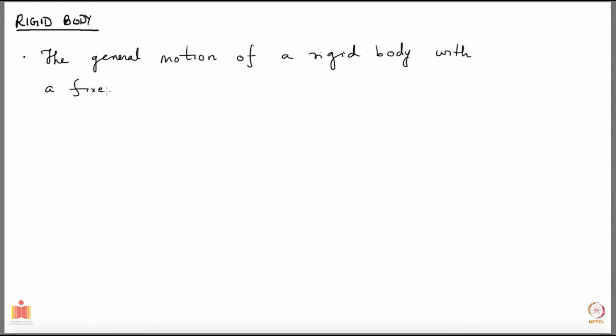So the general motion of a rigid body with a fixed point is a rotation about some axis.